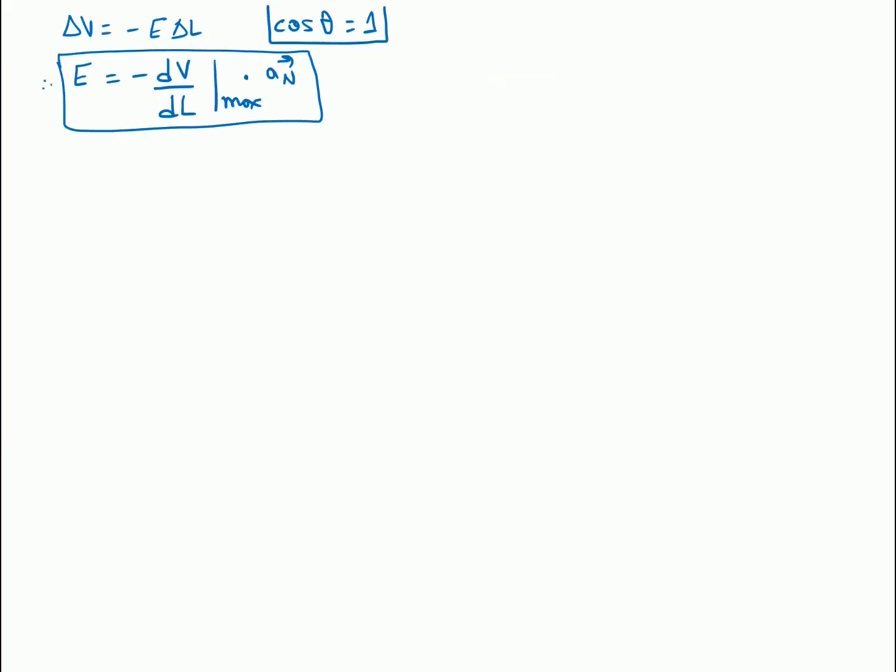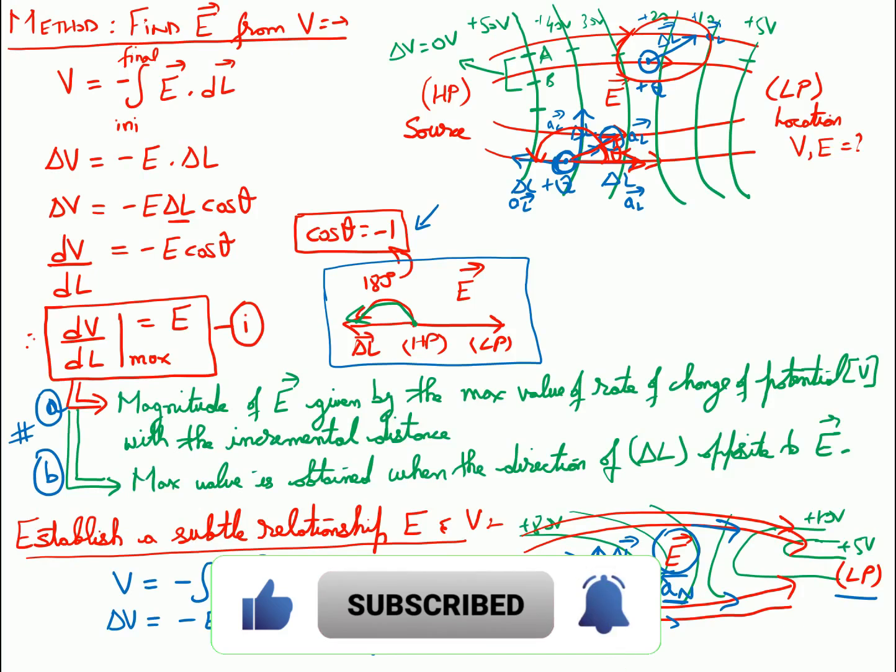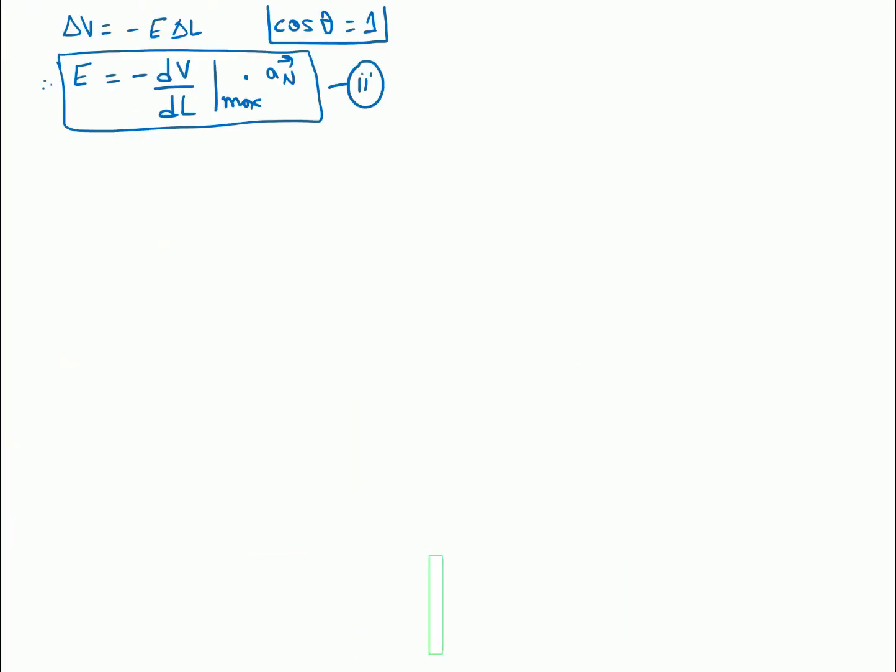This is another expression that we can take. Let me call this equation number 2. So now we have two equations of the electric field based on two different scenarios. Equation 1 gives the maximum electric field when the cos angle is 180 degrees, and the second equation gives the electric field when the angle is the same or the projection is parallel.